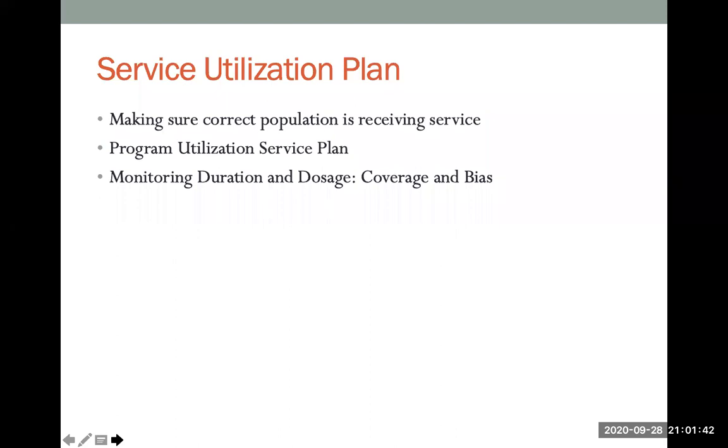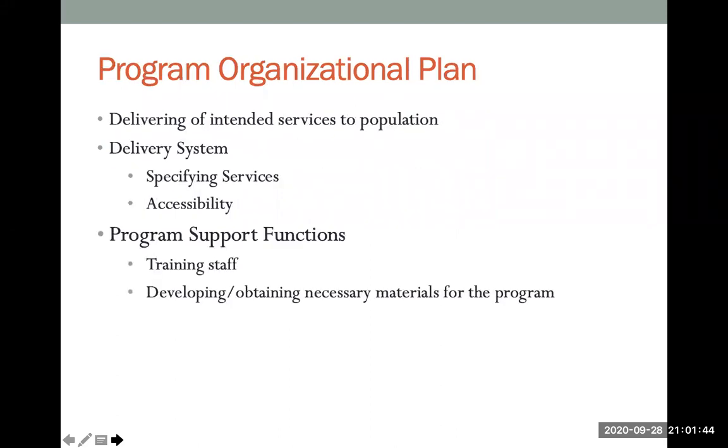The last layer that we'll add to this is a program organizational plan. And this is around how we're actually delivering the services to the actual target population. And in this delivery system, we want to be clear around what the services are actually doing, and what goals the specific services are actually aiming to accomplish.